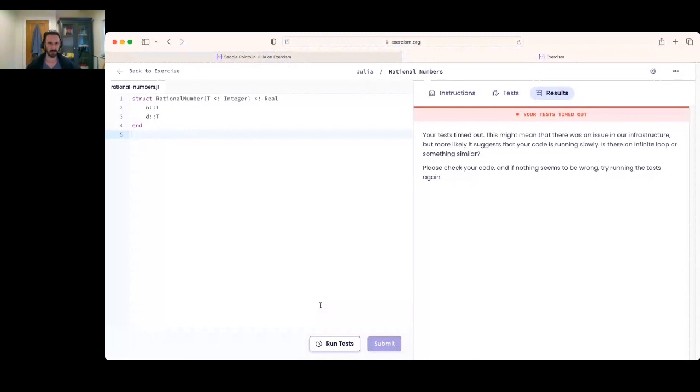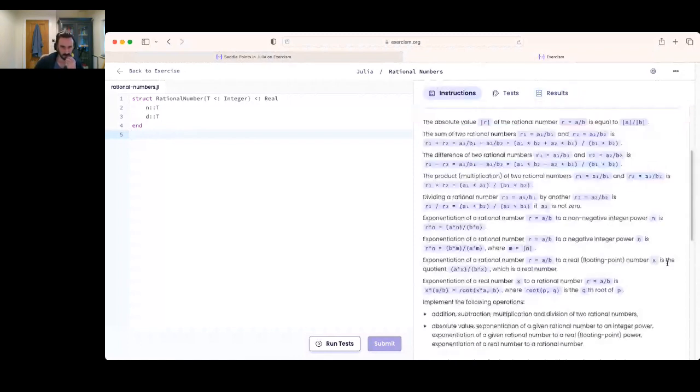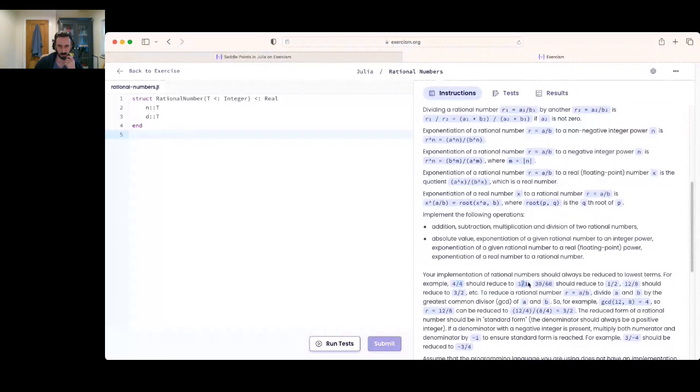And I think I saw something as well that the implementation should always be reduced to the lowest terms. So, for example, 4 over 4 should reduce to 1 over 1. Okay, yeah. So it's going to have to use the greatest common divisor on construction. That's fine.